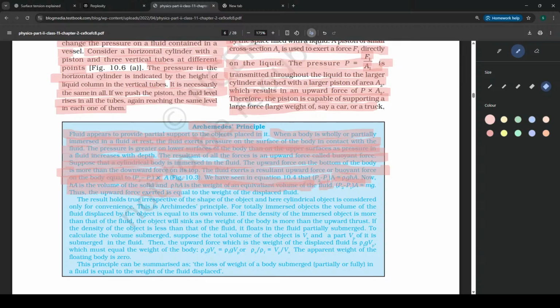Thus, the upward force exerted is equal to the weight of the displaced fluid. This result holds true irrespective of the shape of the object, and here a cylindrical object is considered only for convenience.